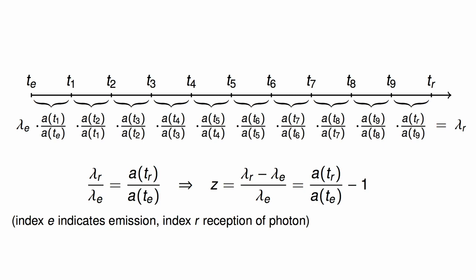It is true for any emission time, for any reception time, because we have used our local knowledge to just piecewise splice everything together. And this result is no approximation. This is really something that holds globally. So that is basically the generalization of this cosmological redshift that we had derived as a Doppler shift, but now we know a precise formulation in terms of the scale factor. So that's a hugely important piece of information right there.